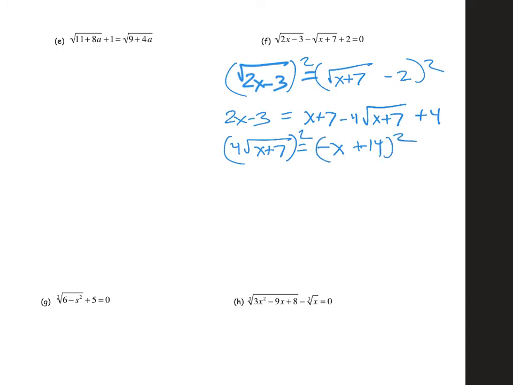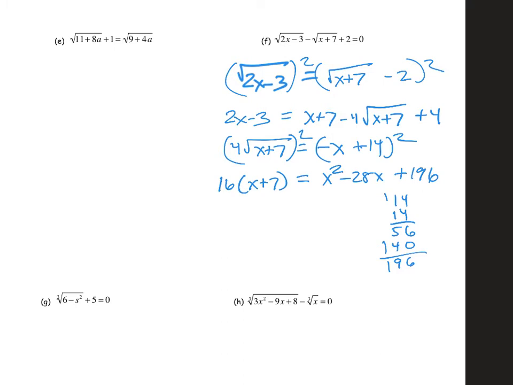In this case, I'm going to get 16 times x plus 7 equals x squared minus 28x, and then I'm going to have 14 squared, which I don't know off the top of my head, so that's going to be 196. Yeah, that's right.